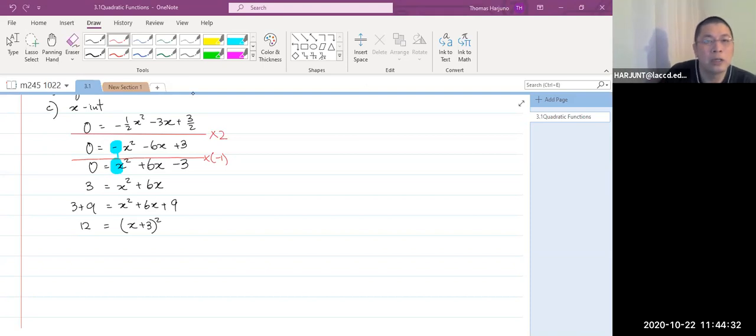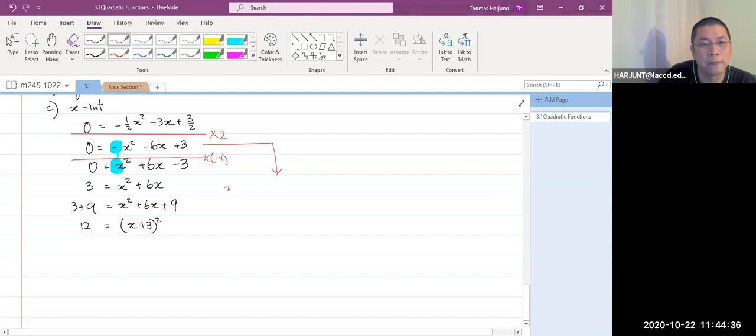Oh, by the way, another option is actually move everything to the left. You add x squared, you add 6x, you subtract 3, right? So you basically get the same thing here, but on different sides.